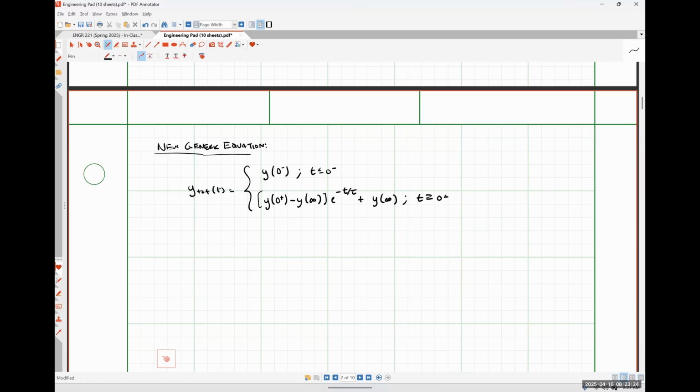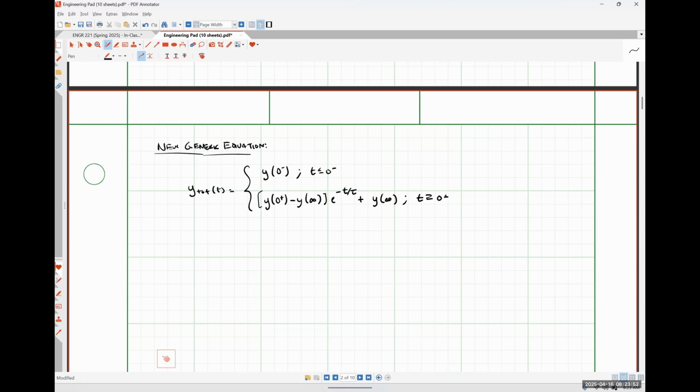Okay. Now, we're going to work some examples here, and I'm going to try very hard to explain the difference between a natural response problem and a total response problem. But despite my best efforts, some of you are just not going to catch what I'm throwing. It will be perfectly okay because you can realistically just use this generic equation for the total response for literally everything.